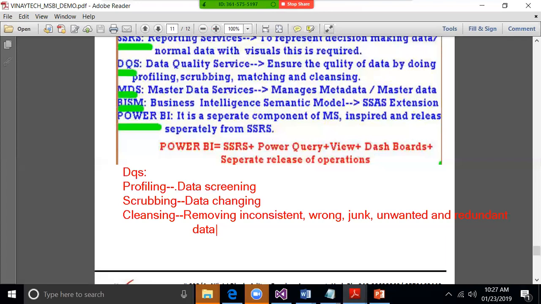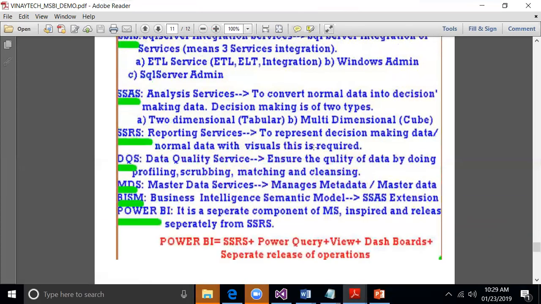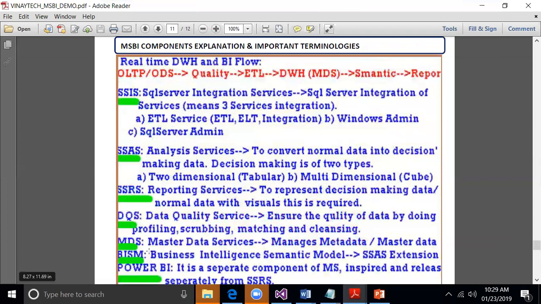Hope you guys are clear with the basic components understanding.